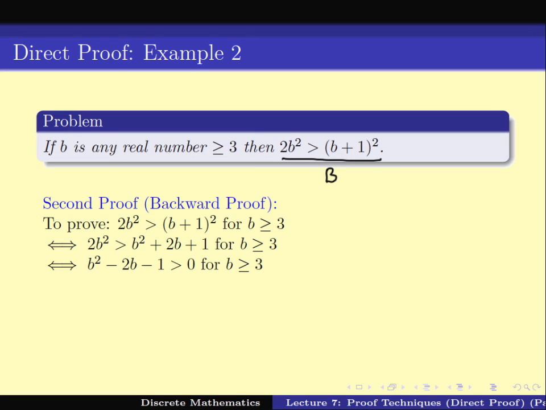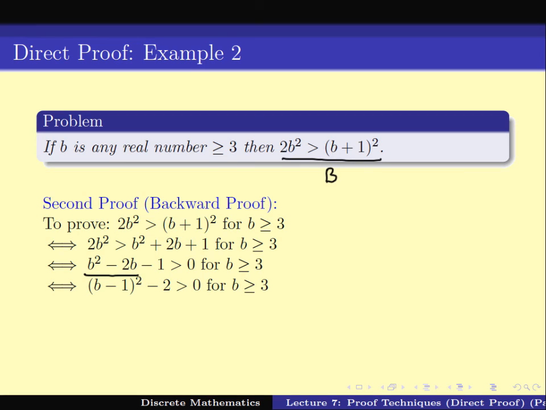Now as soon as you get something of this form, b square minus 2b, you realize that this has the very flavor of b minus 1 whole square. So this can now be written as b minus 1 whole square minus 2, because this was a minus 1 and I should have got my plus 1 also here. So this is minus 2. So b minus 1 whole square minus 2 is strictly greater than 0 for b greater than or equal to 3.